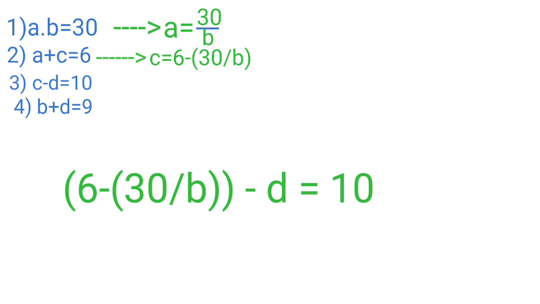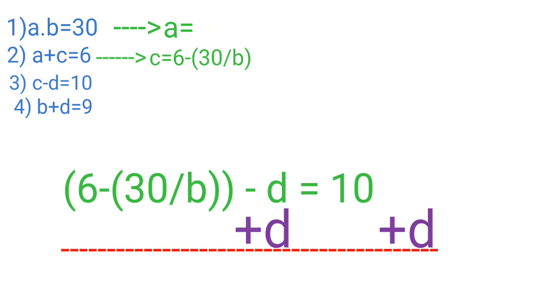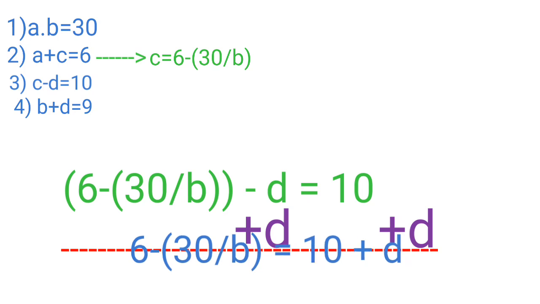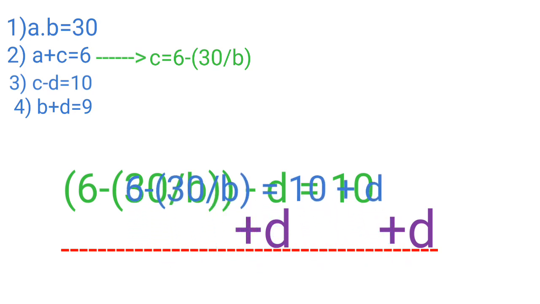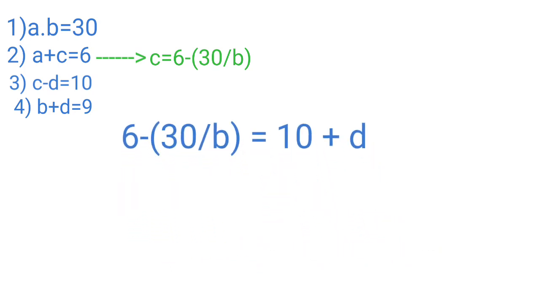And now again we solve this equation for D, because then we can insert this in the fourth equation for D. If we want to solve this for D, maybe this time we take this minus D and put it on the other side. We can do this by adding D here and adding D here as well, so our D will jump from the left side to the right side. So here only these things are left, the 6 minus 30 over B, because these two cancel out, and on the other side we had the 10 and we add the D now.